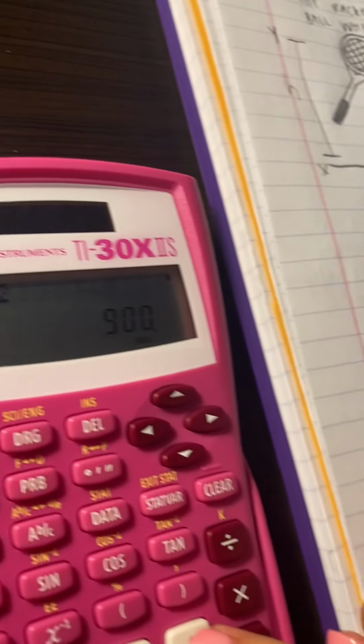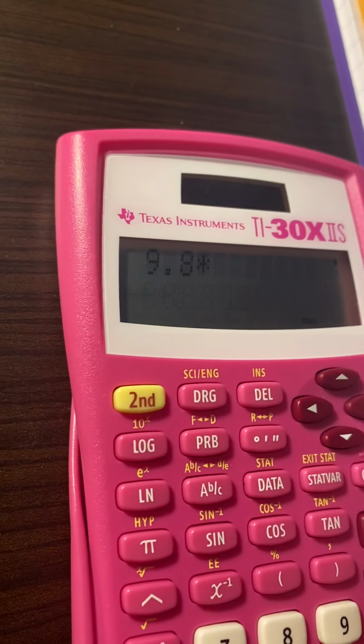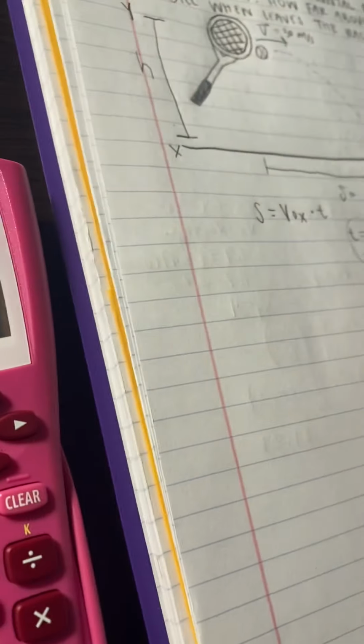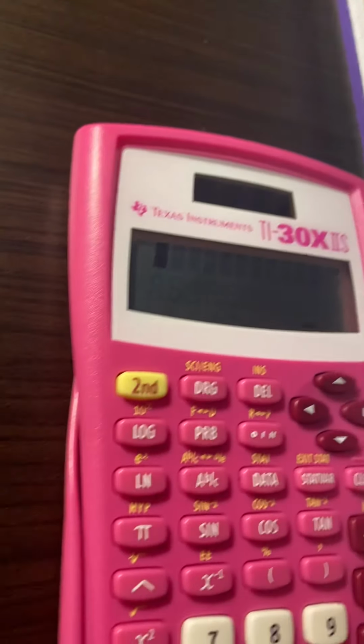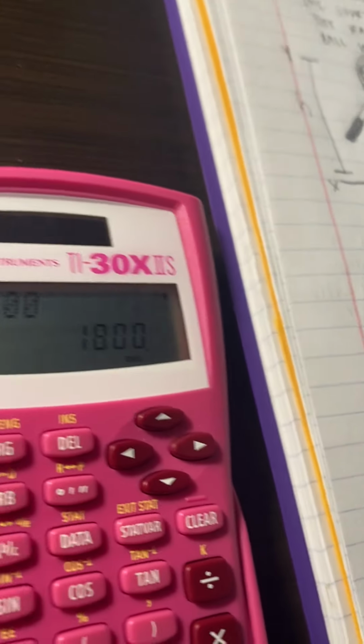So then we'll do 9.8 times 420.25, which equals 4118.45, divided by 2 times 900. So 2 times 900 is 1800.